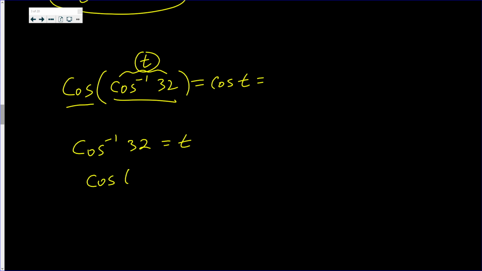That means that the cosine of t is 32. But no, this has no solution. Cosine of t cannot be more than 1. Cannot be less than negative 1.